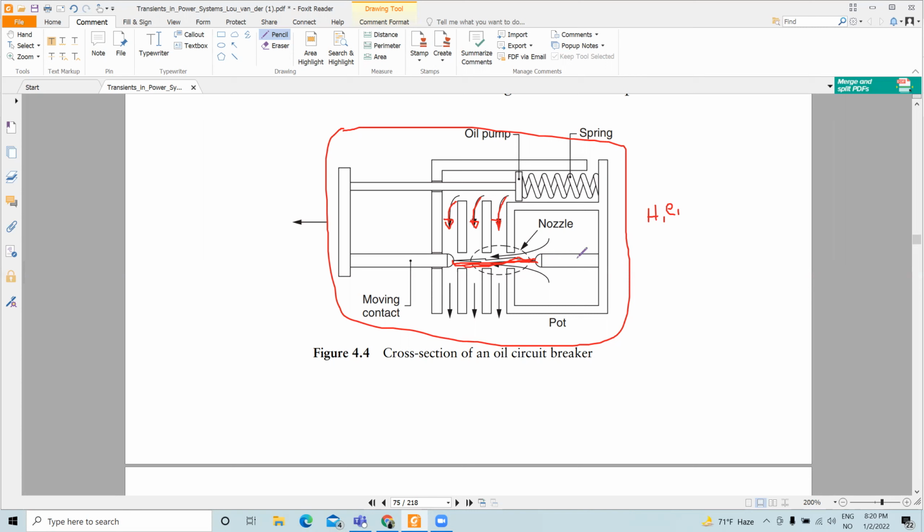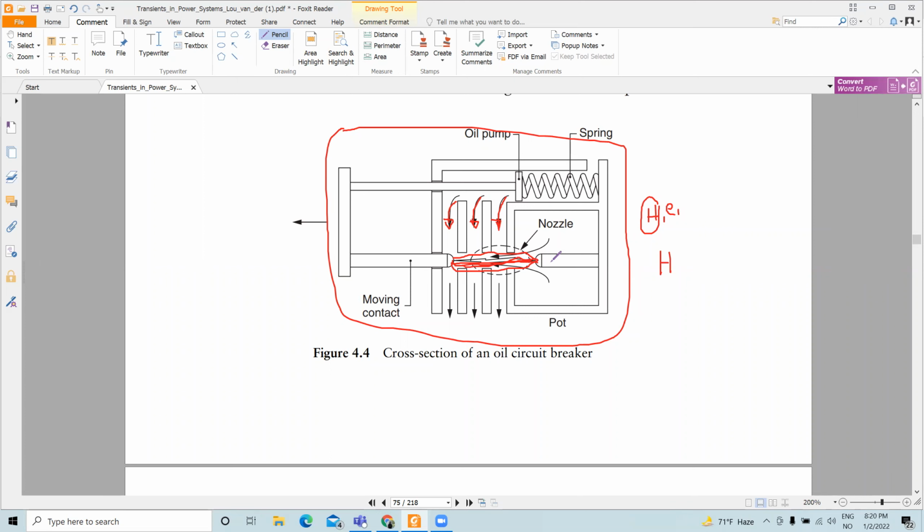When you have an arc, the hydrogen from the hydrocarbon chain, the hydrogen atom, has very good current interruption properties. This hydrogen gas which surrounds the arc helps in the interruption process.